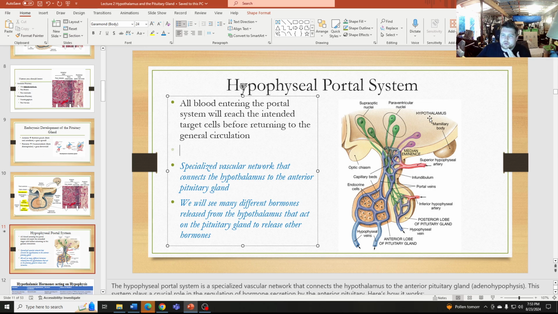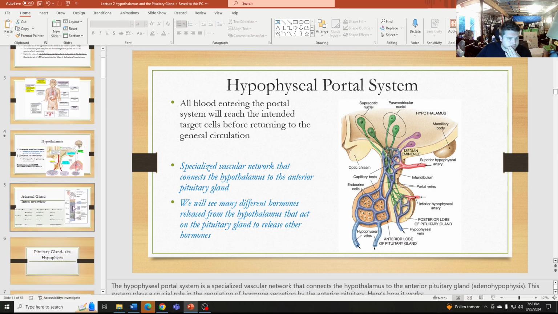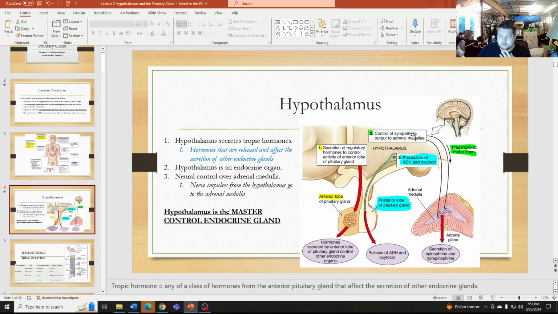So we can look here in this picture in the hypothalamus. We have a couple of these different nuclei, and they come down with direct connections to the posterior pituitary. So our neuronal control primarily goes to the posterior pituitary, and we also have that direct control to the adrenal gland. Okay, that's the neural control.